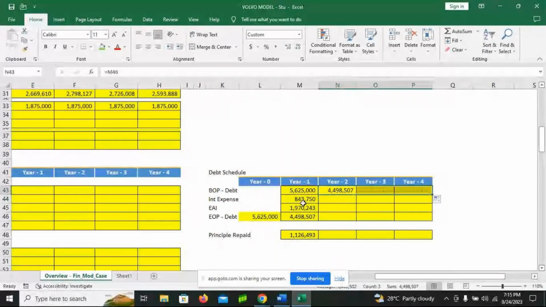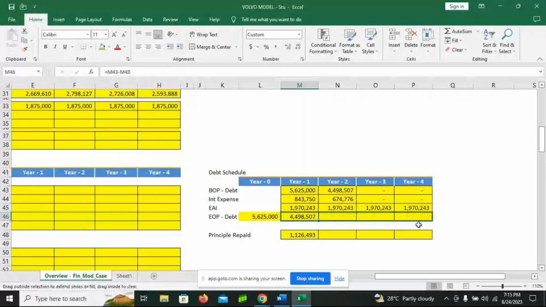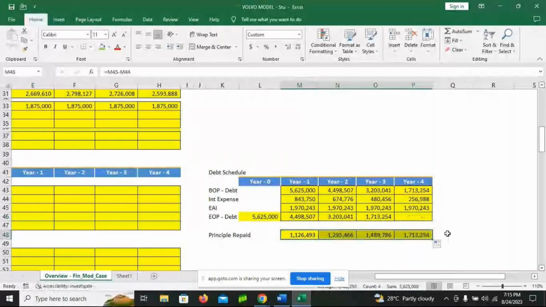So EMI, PMT, everything I'm going to drag it. So I have calculated my debt schedule.